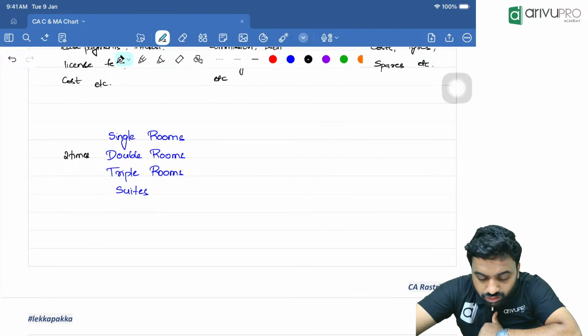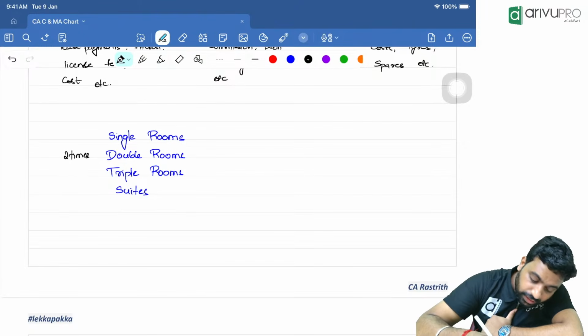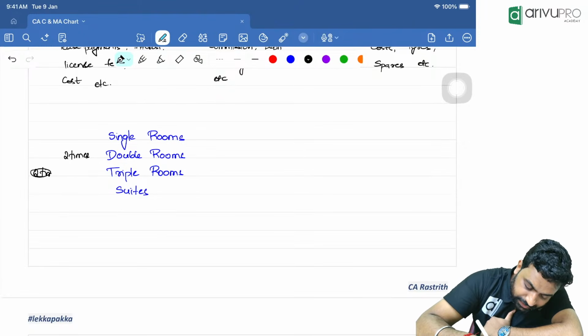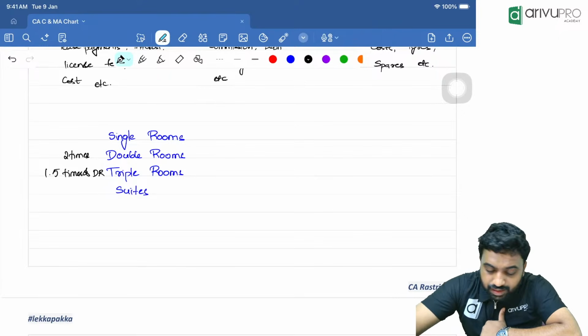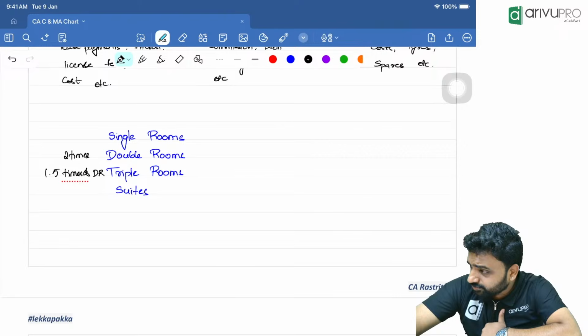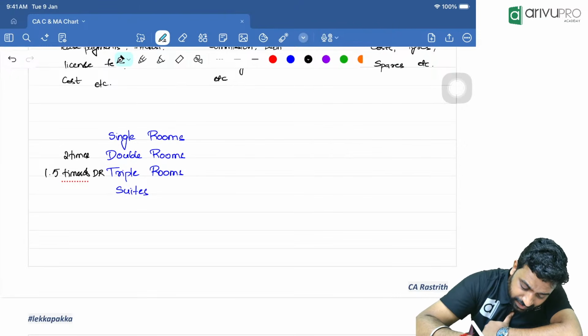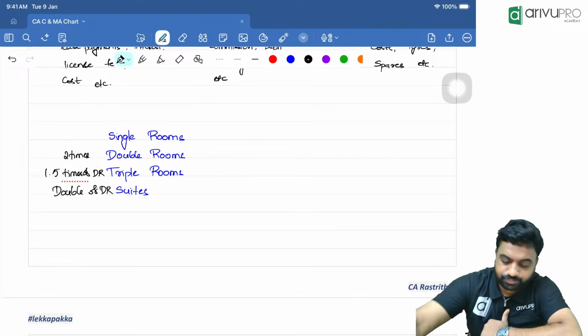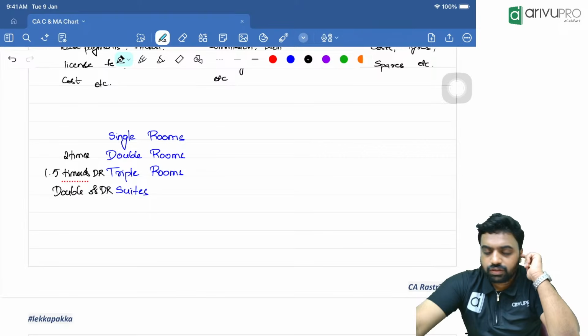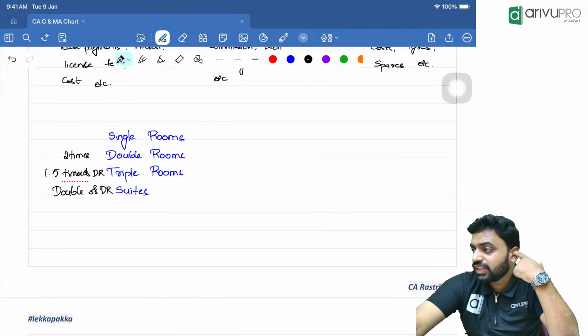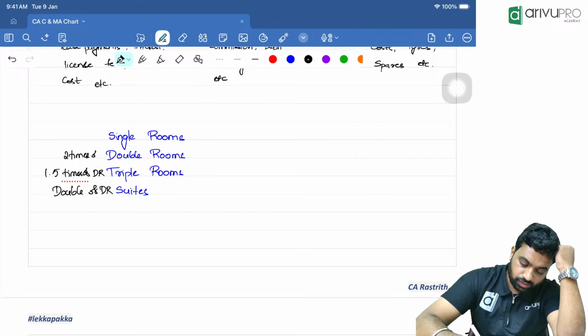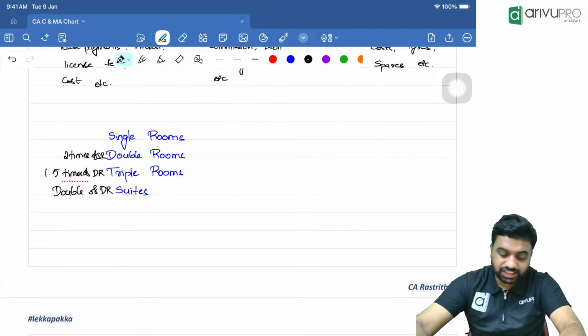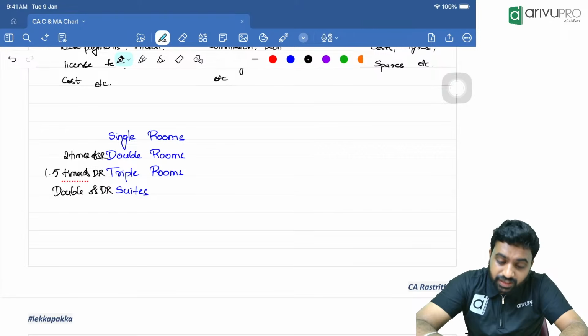For a triple room we are charging, let's say, 1.5 times of a double room.